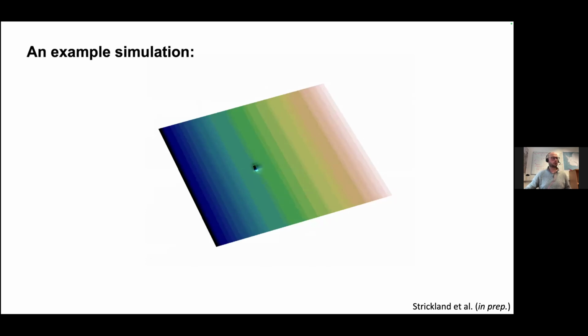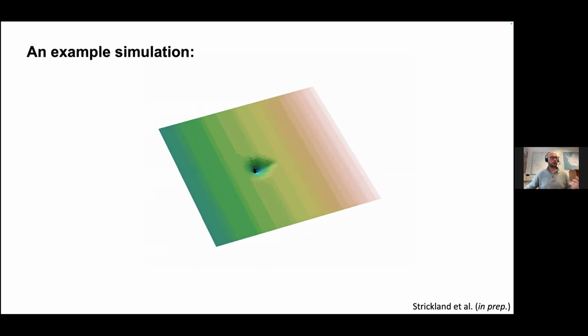Here's a sort of a 3D view with some rainbow colors here. But at the center, we have a sink point that is allowing meltwater and debris to be removed as the model runs.